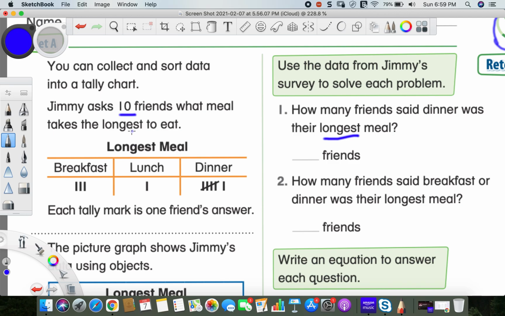And all these friends are saying that they voted on what meal they think is the longest to eat. So, how many friends said dinner was the longest? Because that's the category that we're looking for. So, I want you to try this on your own really quick. Tell me how many friends said dinner was the longest meal.